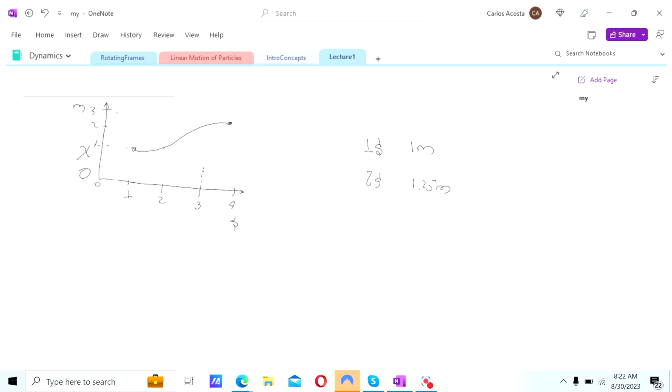In 3 seconds you traveled around 2.5 meters. And in 4 seconds we traveled 2.8 meters. Okay, I'm just approximating here based on the graphic that I made.